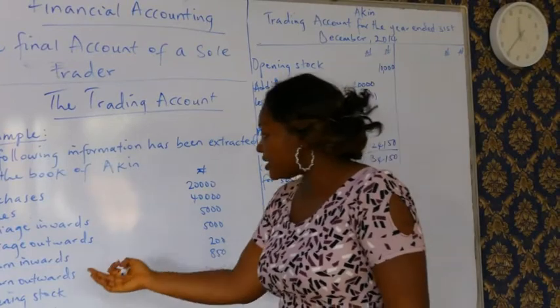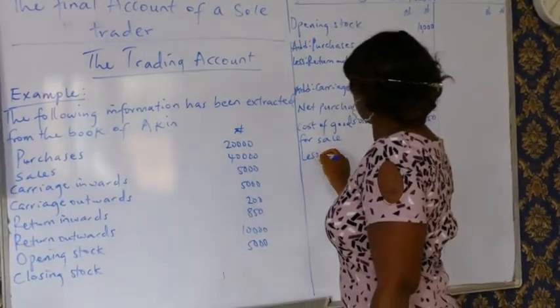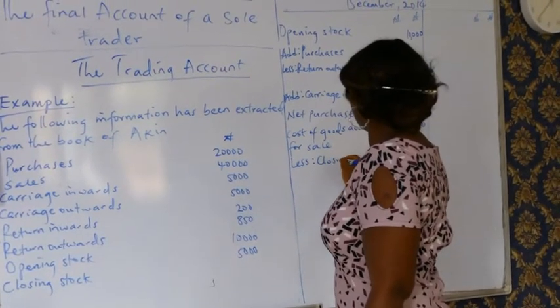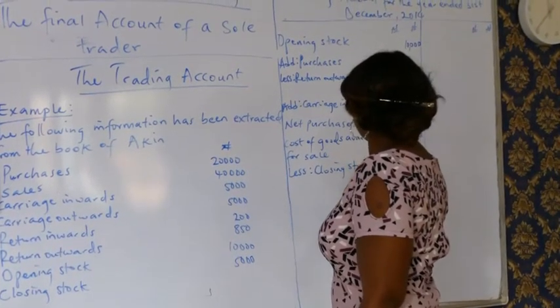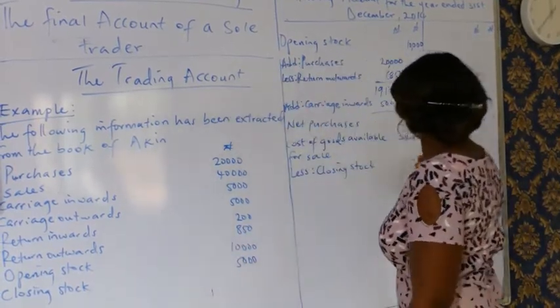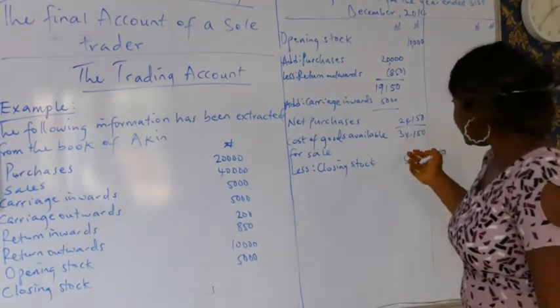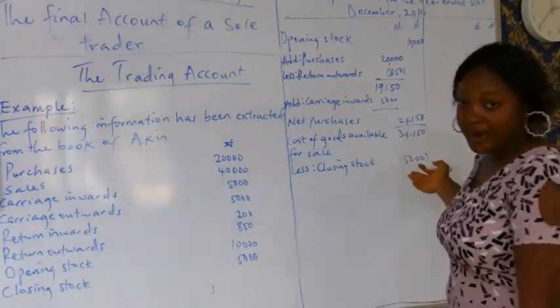The next step is to deduct our closing stock. The figure for closing stock is 5,000 naira. We deduct. Like I said, to indicate that you deducted, you must put it in brackets.